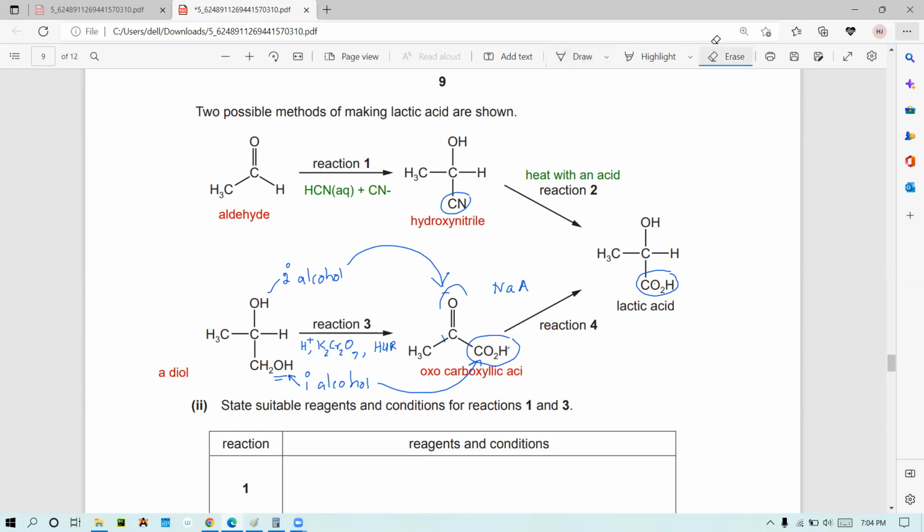No, we can use lithium aluminum hydride in dry ether. Or we can use NaBH4 in ethanolic medium.